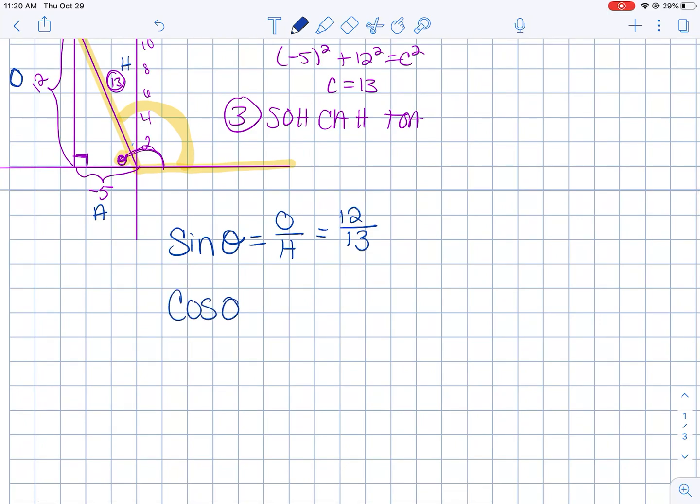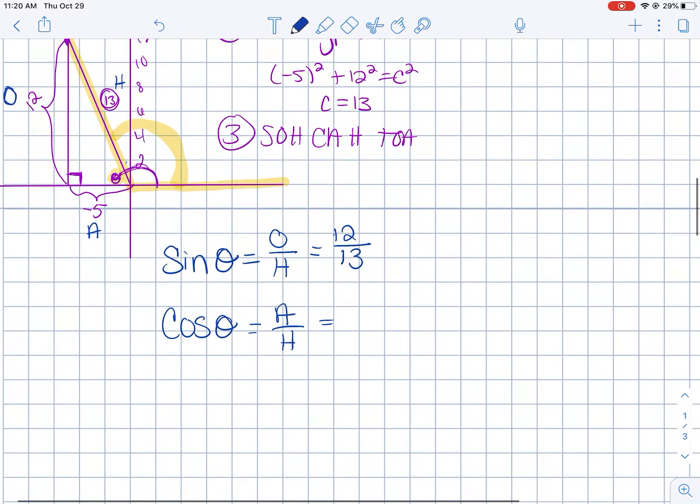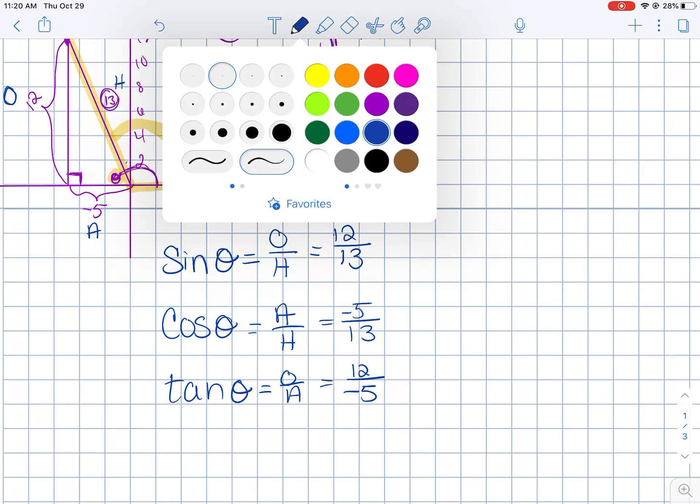Next, I want to find the cosine of theta, which is the adjacent over the hypotenuse. So in that case, we would have -5 over 13. And then third, I want to find the tangent of theta, which we know as opposite over adjacent, which would be 12 over -5, okay? And all of those I'm going to leave as fractions. That's perfectly fine. So now let's find your other three trig functions.